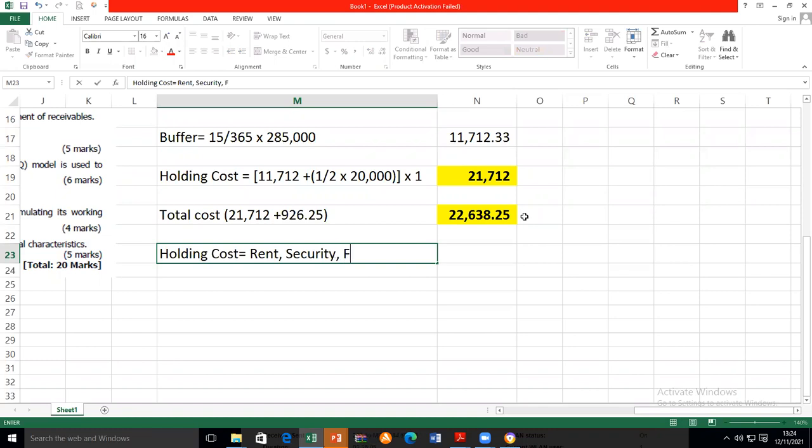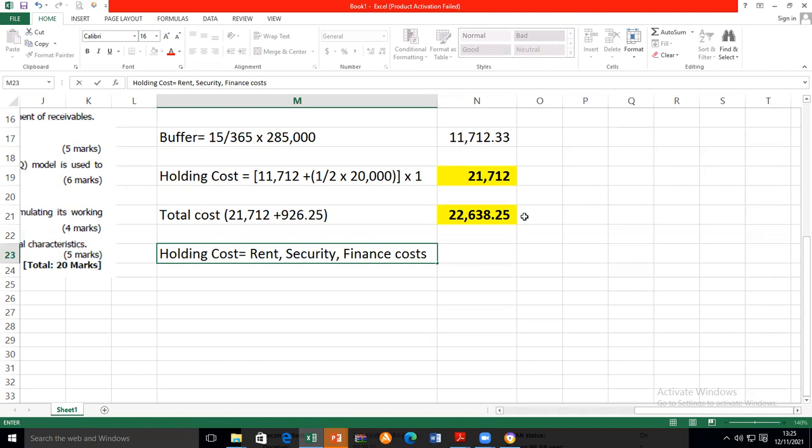But more importantly for you, finance costs. So in some questions now, they're giving a breakdown of holding cost. So be very careful in case they give a breakdown.